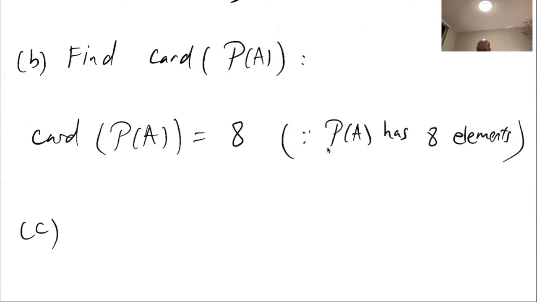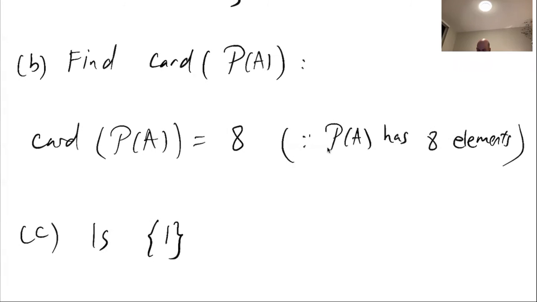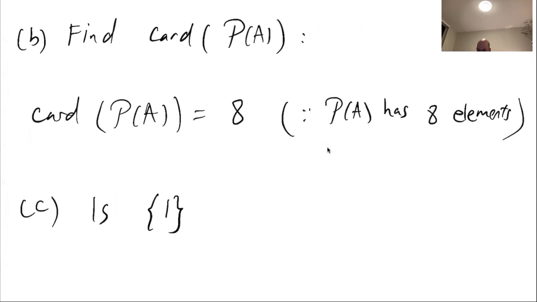Now another part. Let me write this way: does 1 belong to P of A?